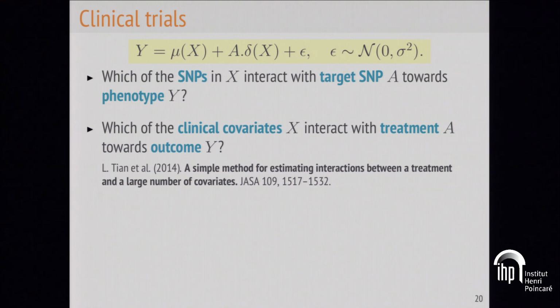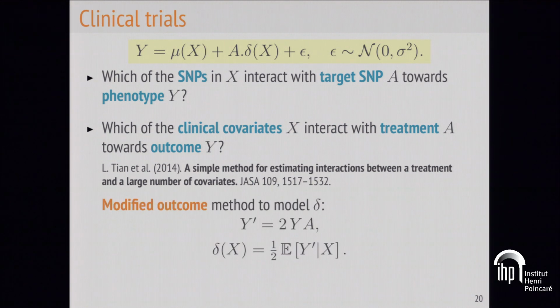There's an interesting approach that was published in 2014 by Tian et al., which uses this exact model to answer the question. And they have a nice trick, which is called the modified outcome. They figured out that if they replace y by y prime, which is easy to compute, then they can model delta here as 1/2 of the expectation of y prime given x.